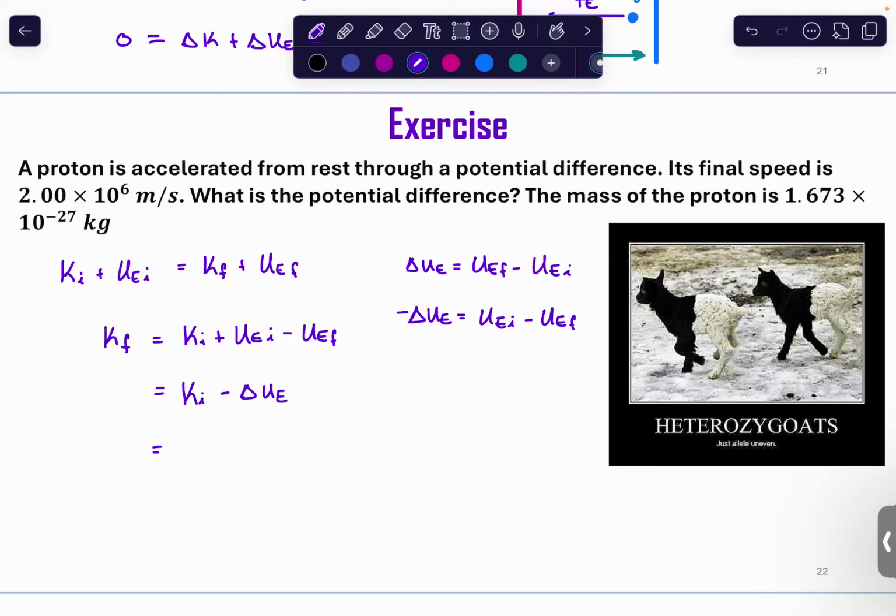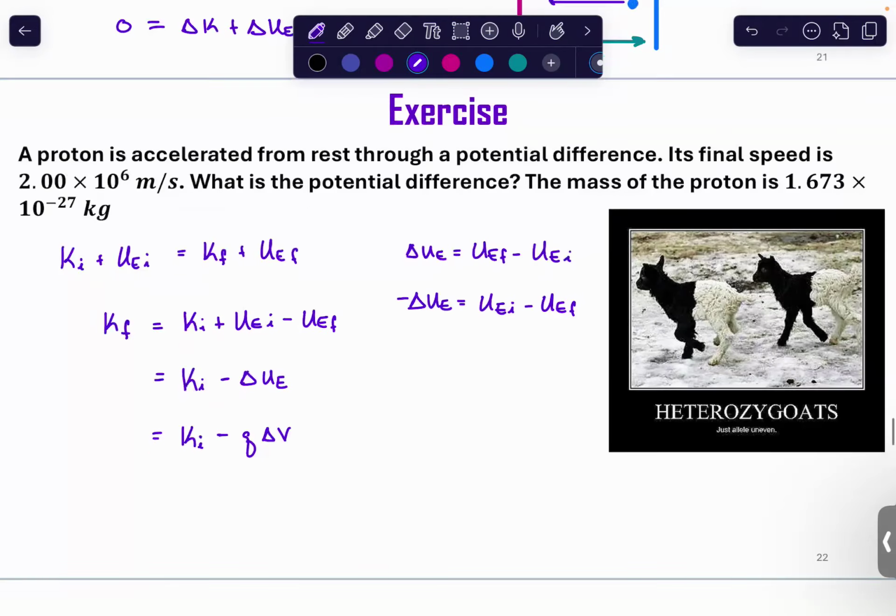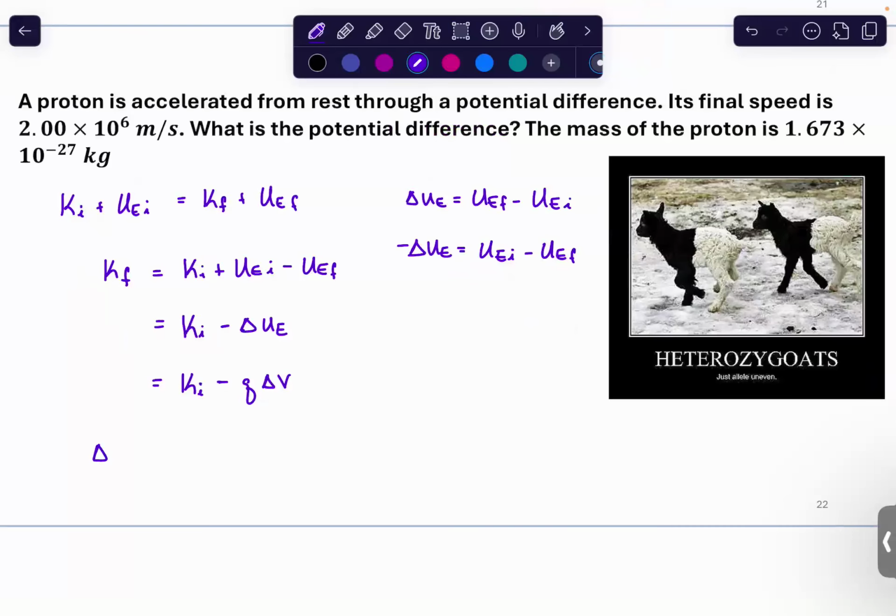And then, of course, we know that potential energy equals minus Q delta V. So then from here, delta V is going to be negative K final over Q.